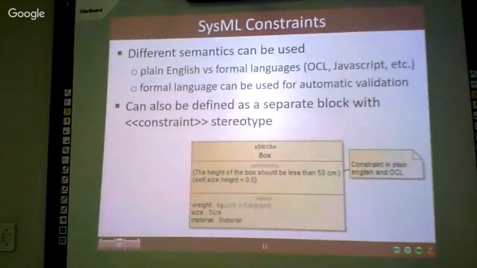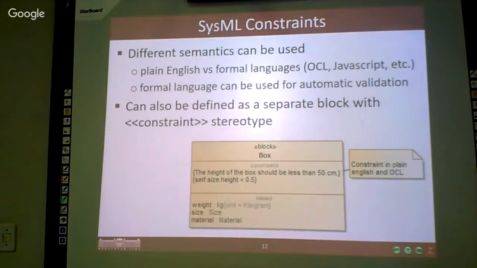In SysML, you can also use constraints. Here you can see an example. You just use the constraint compartment here. You can use, for example, plain English, or you can choose a formal language such as OCL, which I mentioned in the introductory talk.